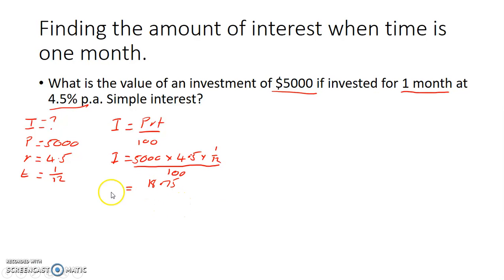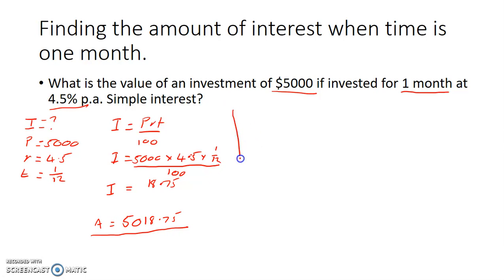Again, think about what the question tells you. This tells you that interest is 18.75, so my total value or my end result has to be my 5,000 plus this $18.75. One way to answer it, perfectly fine.